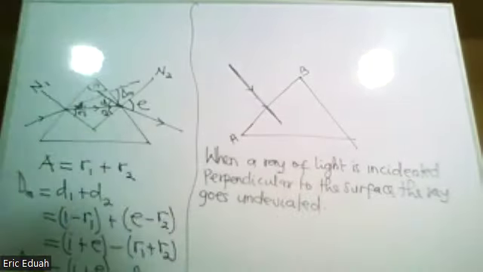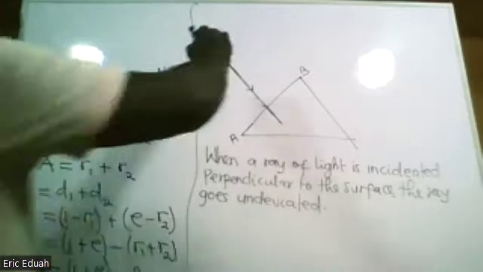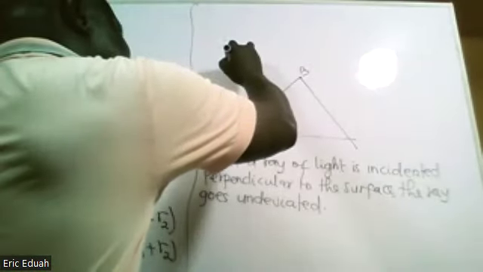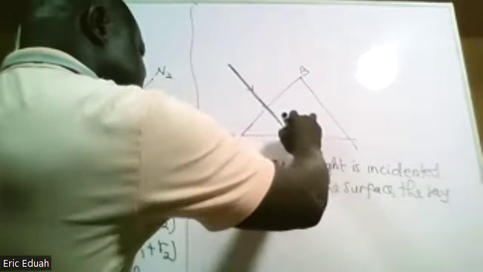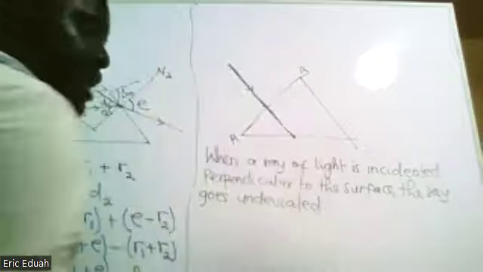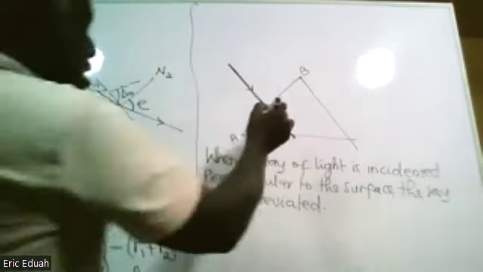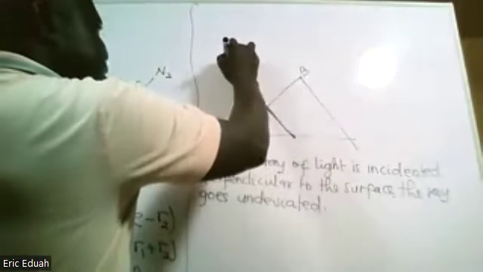The path of the ray will never be deviated. So it will go through this and then hit here. Okay. Here, it means that the normal is along this.